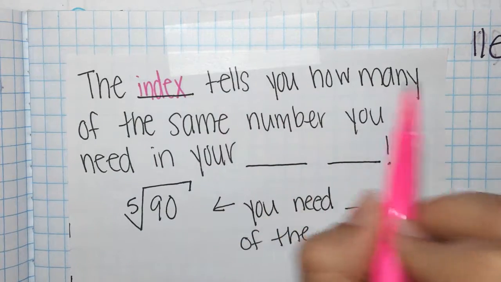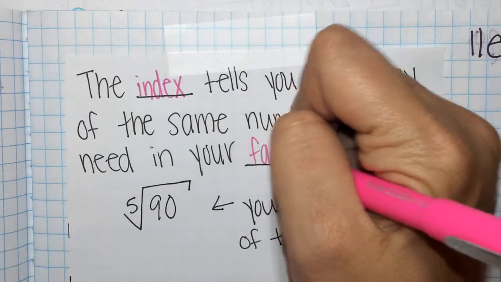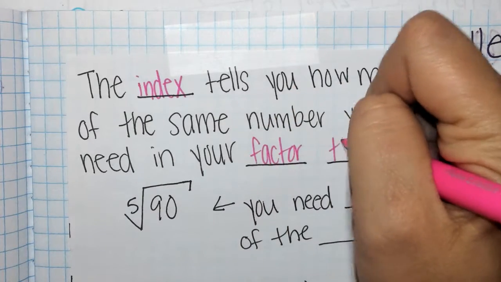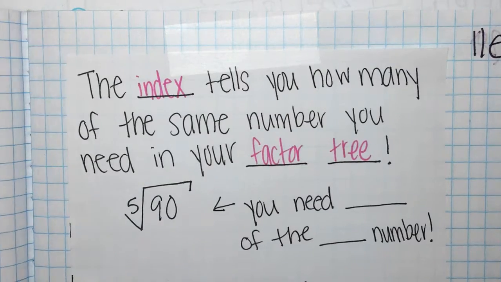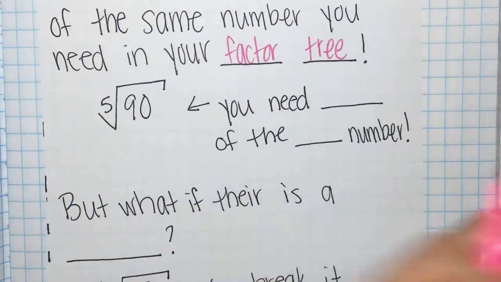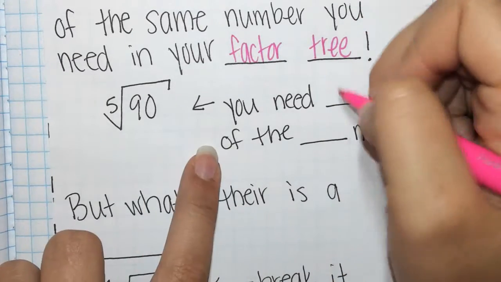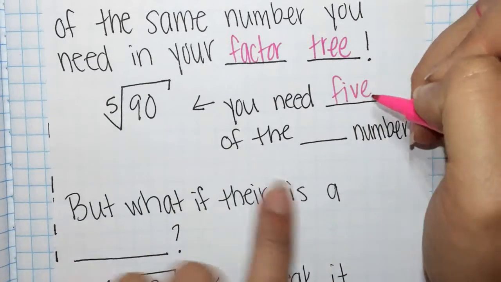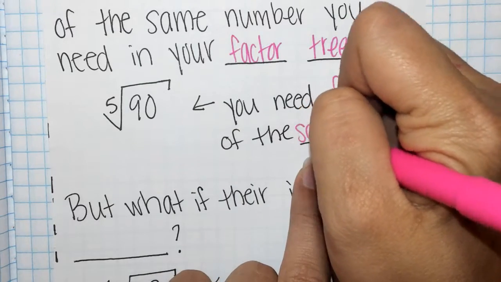So it tells you how many of the same number you need in your factor tree. That's what those tree-like things are called that we make. So how many do you need here? 5. You need 5 of what? The same number. Good. Take a point.